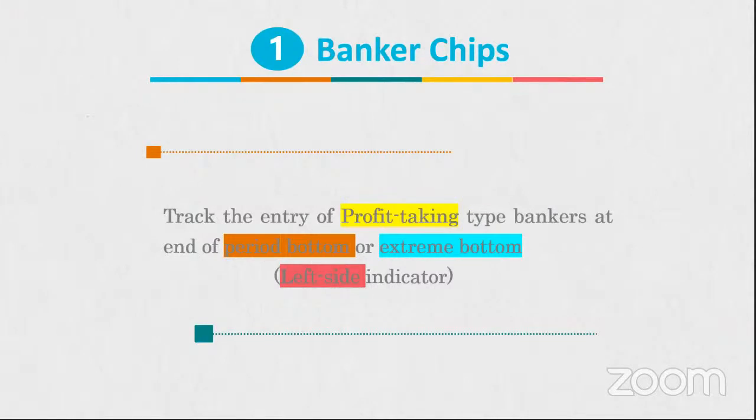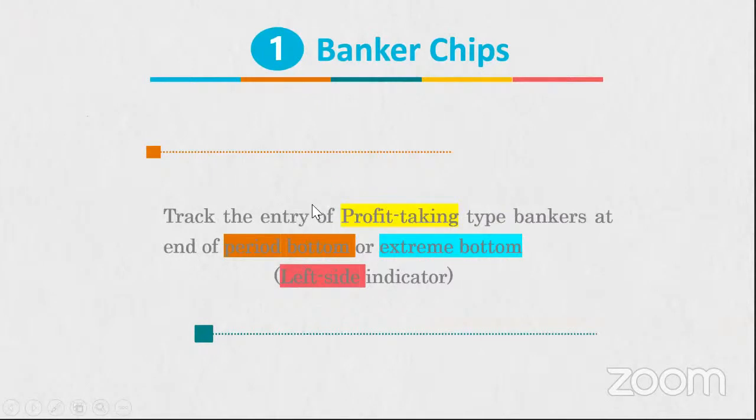But by checking the banker chips, we can tell the bottom either for period bottom or for a bigger scale extreme bottom. Okay, so here is another word called profit-taking type of bankers.